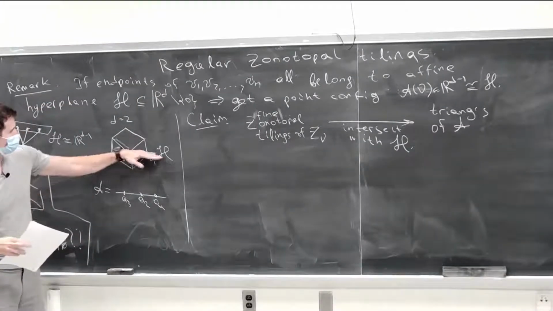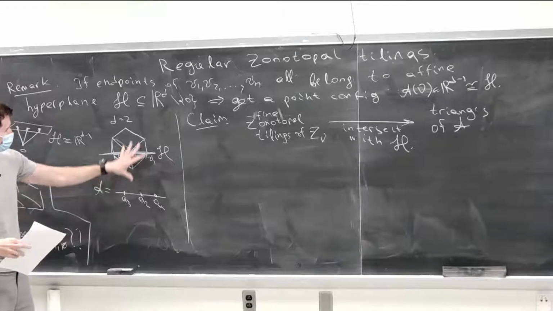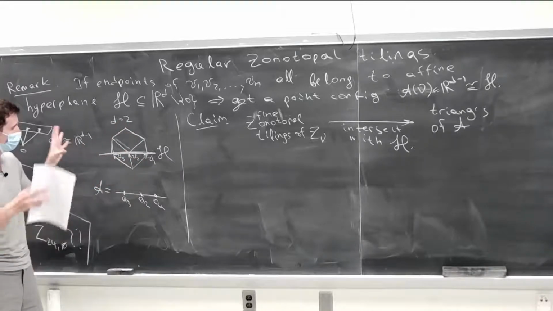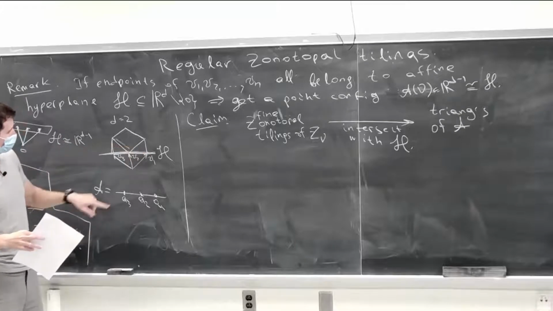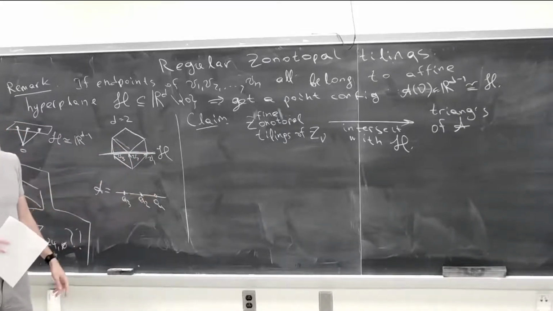You have this hyperplane H here, and then you have a bunch of tiles inside your big zonotope. First of all, if you take the big zonotope itself and intersect with H, you get the convex hull of points in A. Does it make sense?